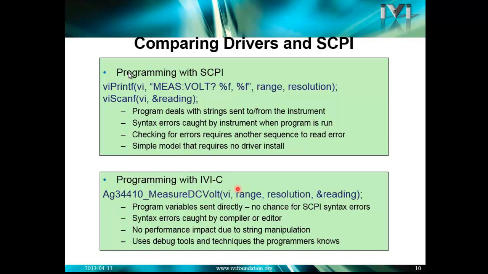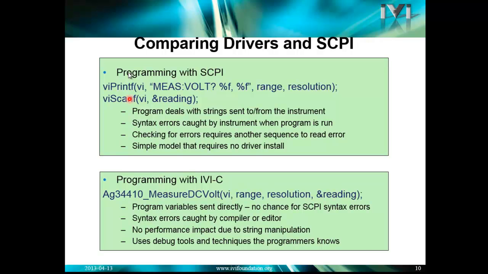We're saying we want to measure DC volts. We're specifying a VI, which is the connection to the instrument. We're specifying a range, which is of course a variable here, and a resolution, a variable here. And with the driver, we're going to go ahead and get the reading back in one call.